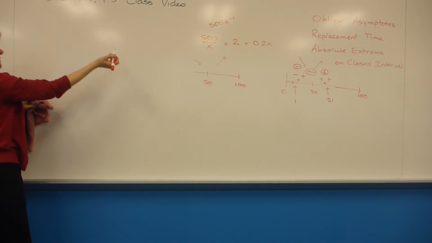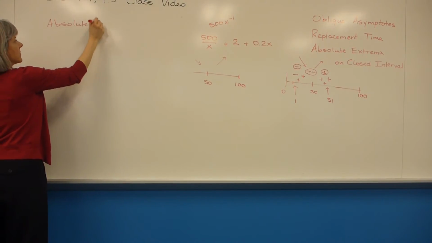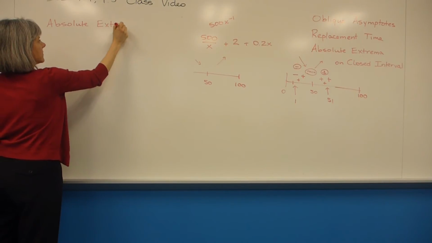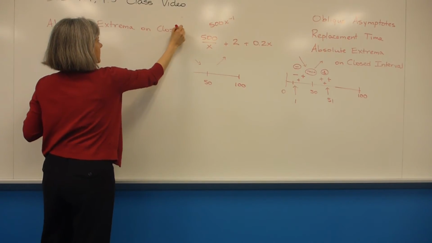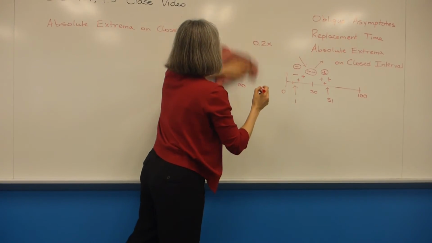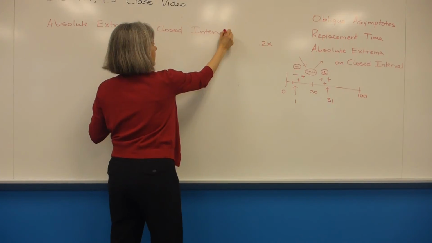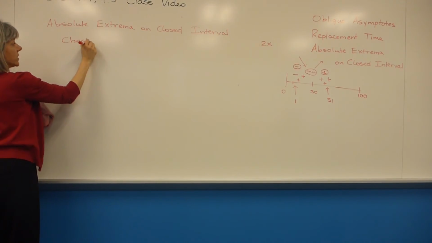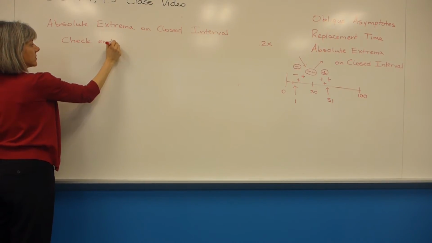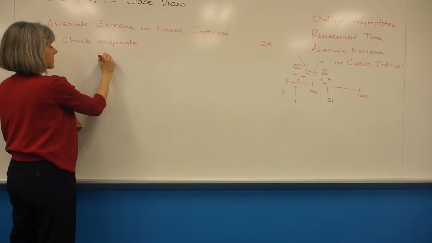So if we're finding absolute extrema on a closed interval, we check endpoints and critical points.